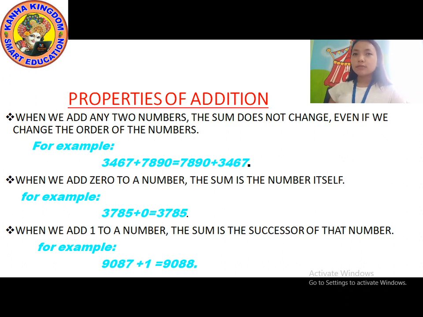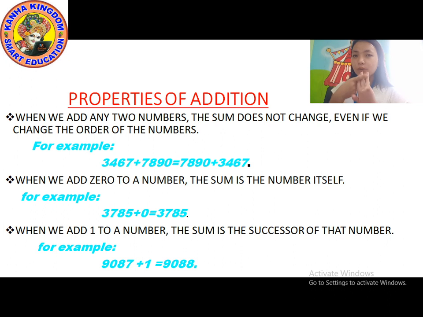So we learned the properties of addition. The first property is when we add any two numbers, the sum does not change even if we change the order of the numbers. The second property is when we add 0 to a number, the sum is the number itself.